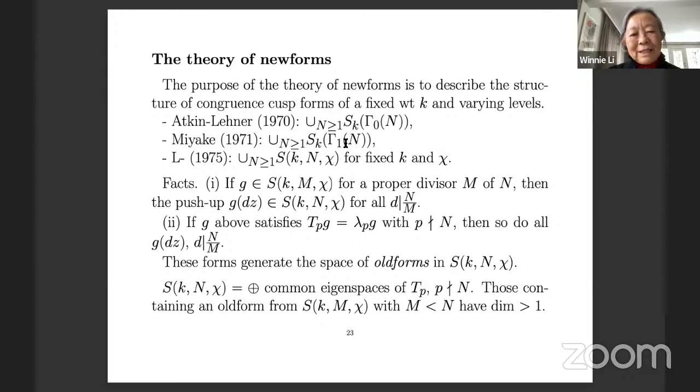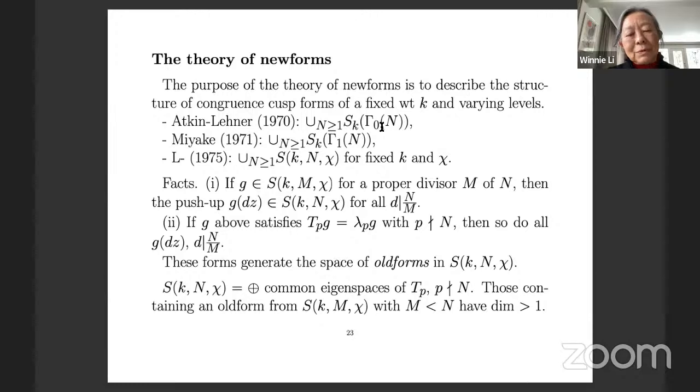So to get the information for all the congruence forms, certainly we need to know the information for Γ(N). And it's seen from the paper by Atkin and Lehner that they also considered the similar thing for Γ(N). They clearly discovered that it will not work if we just collect S_k(Γ(N)) and put it together.